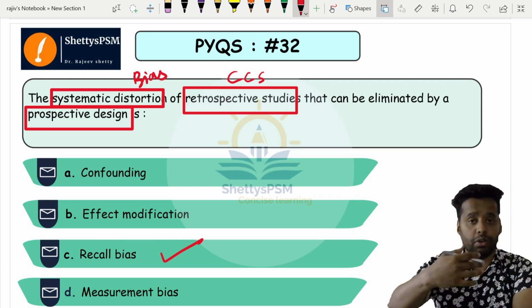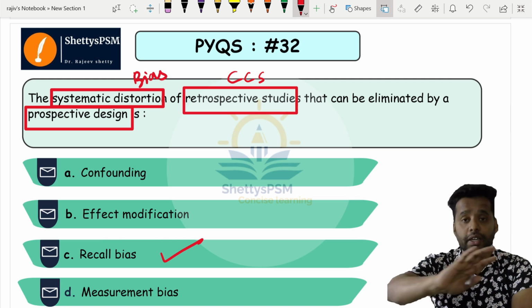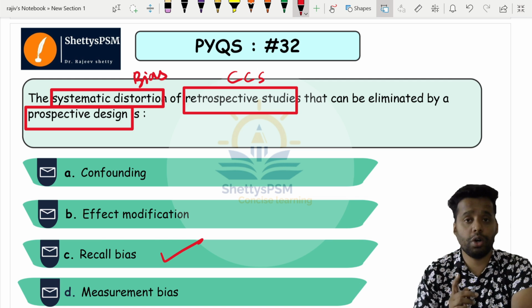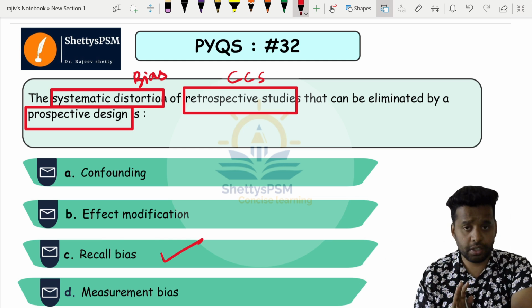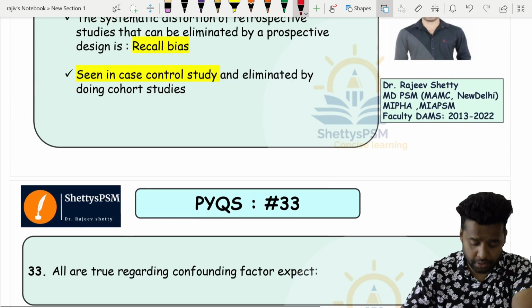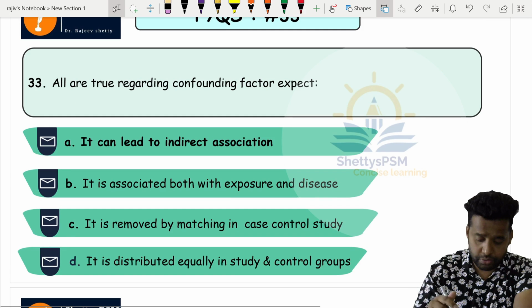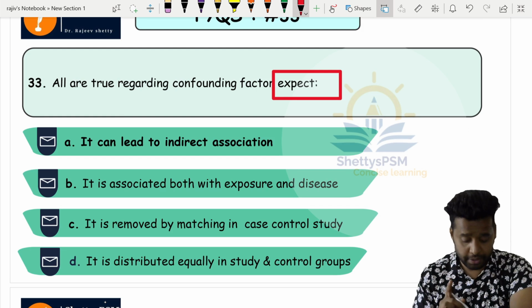By doing a follow-up study starting from exposure going towards outcome, you are not asking any history. That is why in a cohort study recall bias is absent. In a case control study recall bias is present. That was the question.